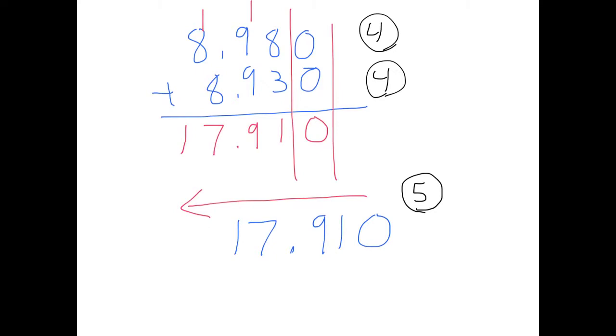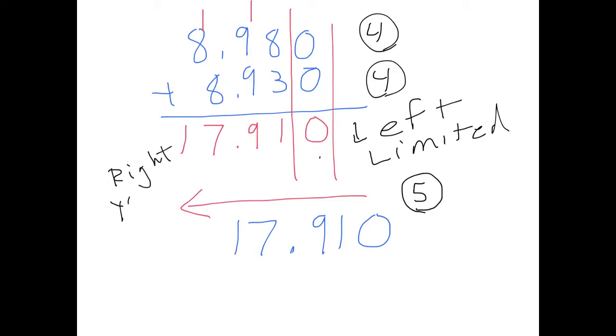With sig figs and addition and subtraction, you're limited to the left, but on the right, you can go infinitely, right? You can increase your number of sig figs to the right infinitely when you're adding and subtracting, but you're limited on the left.